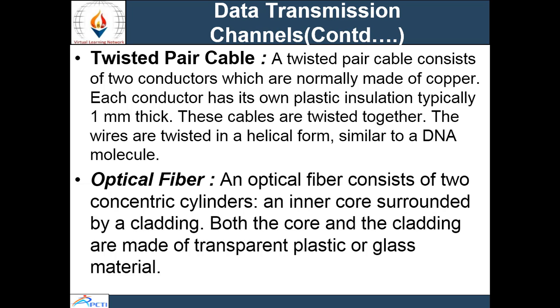Next one is optical fiber. An optical fiber consists of two concentric cylinders, an inner core surrounded by a cladding. Both the core and the cladding are made of transparent plastic or glass material, which transmits signals in the form of light.